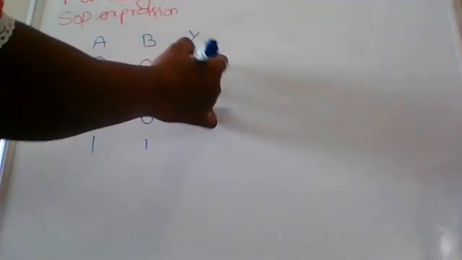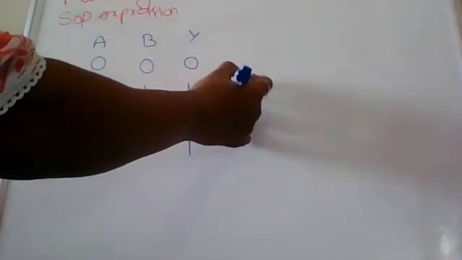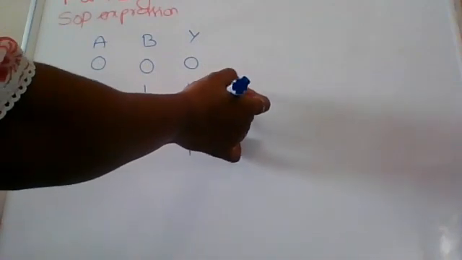So here, given two variables A, B: 0 0, 0 1, 1 0, 1 1. So what is the output? 0, 1, 0, 1. In SOP form, already we know that if A equal to 1, then we can write A only. If A equal to 0, then we write the bar.